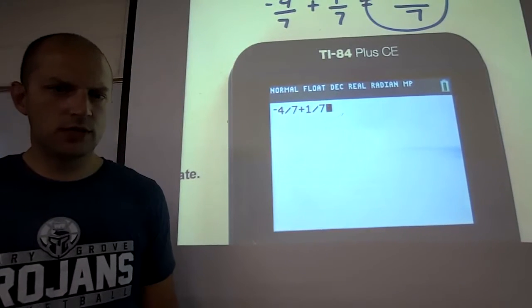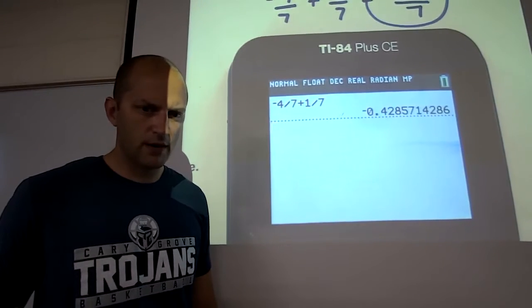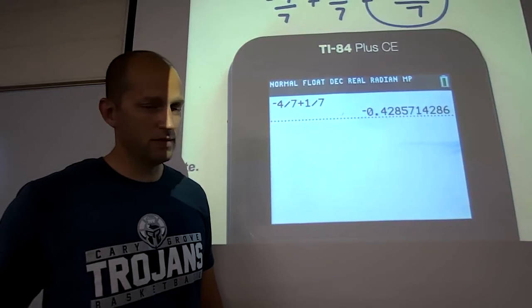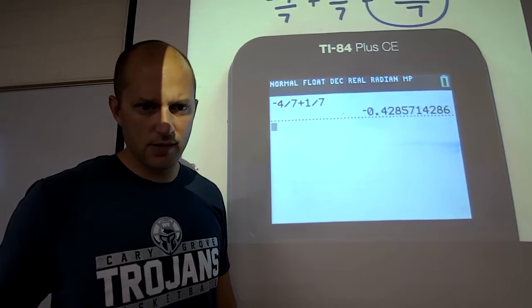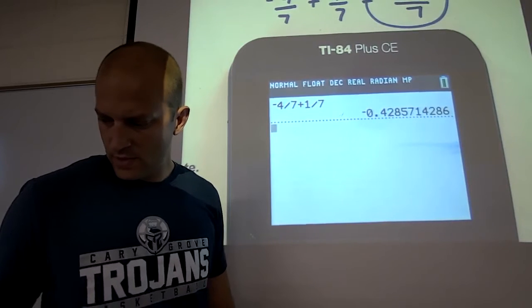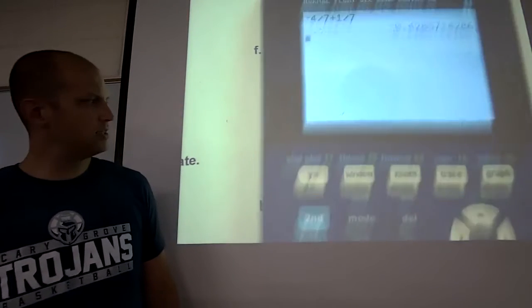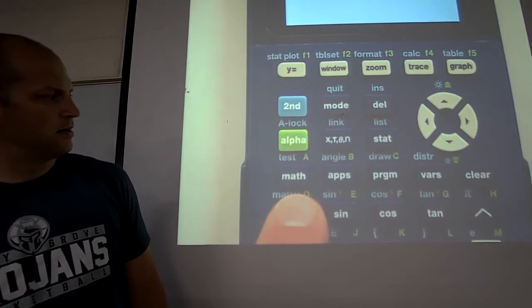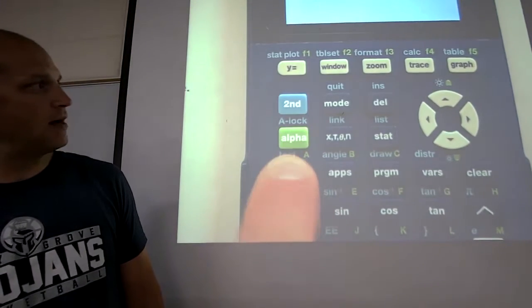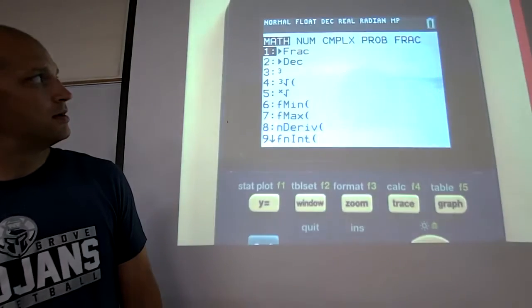Okay, I'm just using the division sign. I press enter, and I get a decimal. Do you guys know how to convert from the decimal? Yes. We go math. You guys see that little button math right here? Oh, I don't have the button. So we have math and then frac.